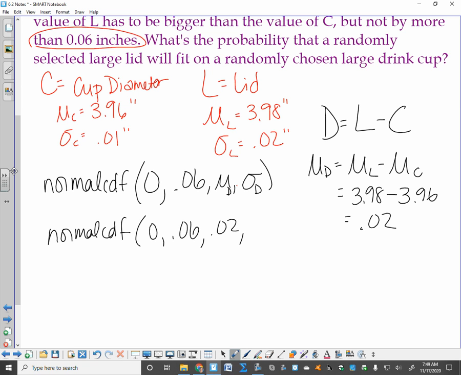Now I want to find sigma. Well, sigma sub D is the square root of the variances, so 0.02 squared plus 0.01 squared. I strongly recommend making sure you can type that in correctly.